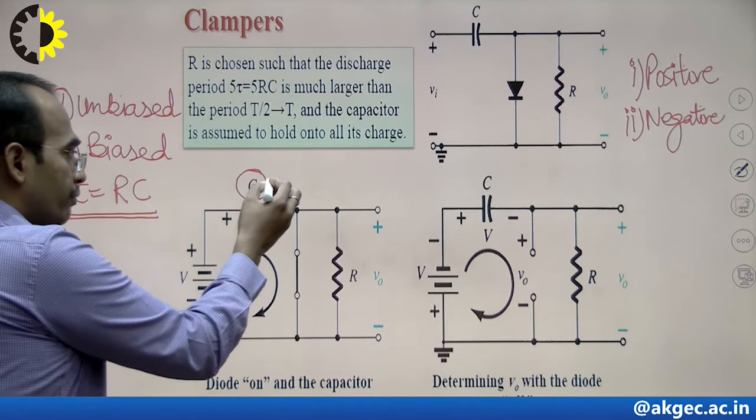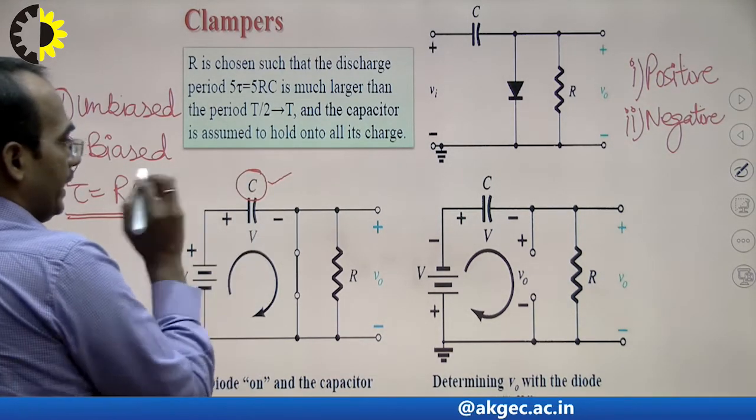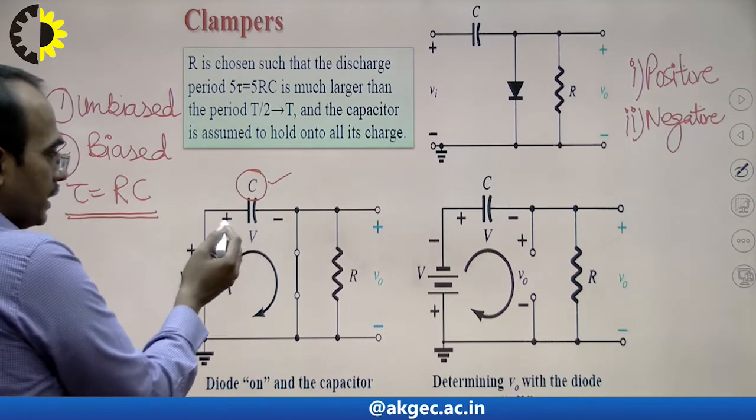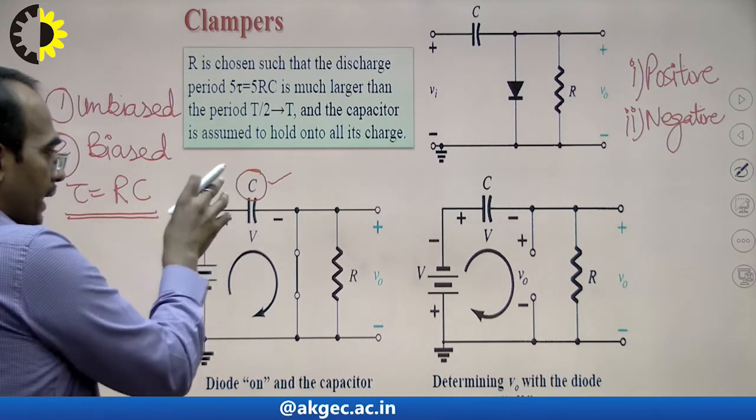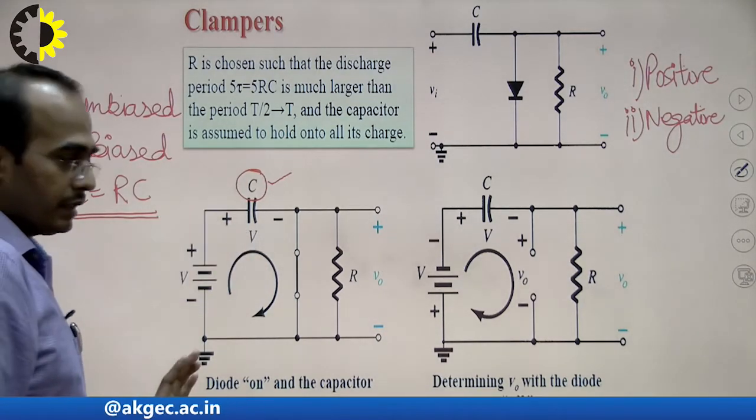This capacitor will fully charge and it will start behaving like a battery. Here I have shown that the positive charge is collected here and negative charge is collected here, and it will start behaving like a battery.